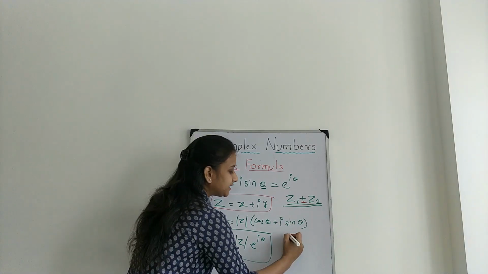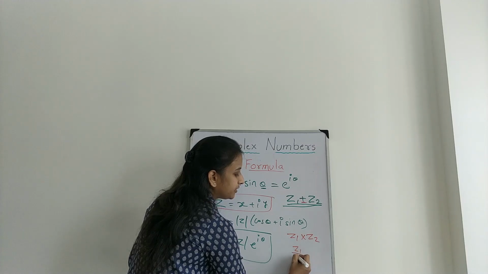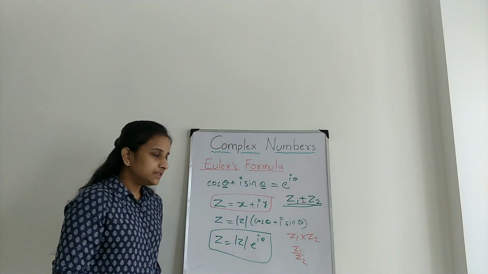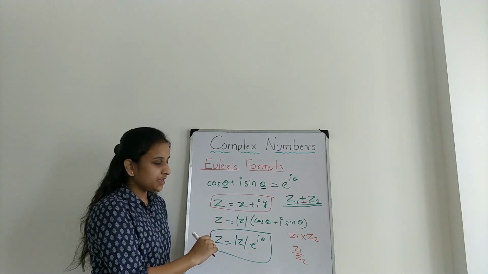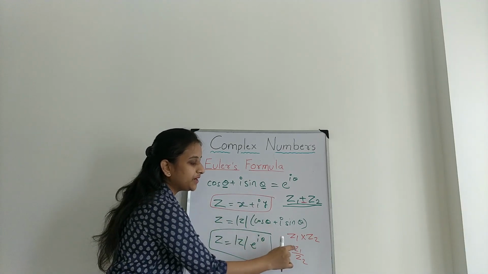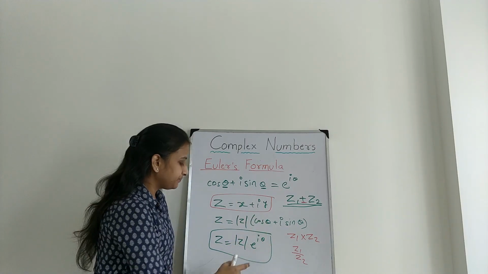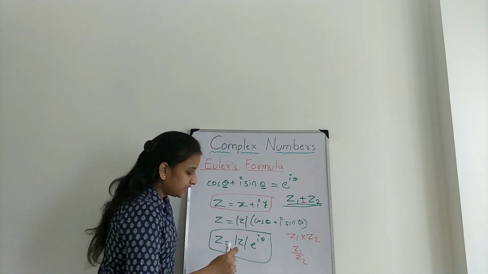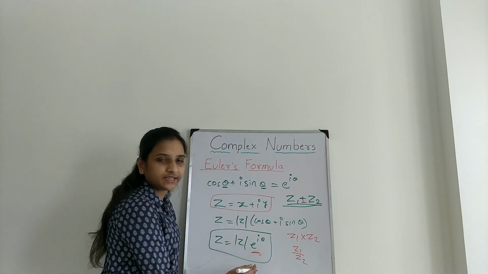But in multiplication, like z1 into z2 or z1 by z2 type of questions, the Cartesian form is not suitable because it will be very complicated to multiply and divide two complex numbers. So, if possible, use Euler's form. This is very easy.